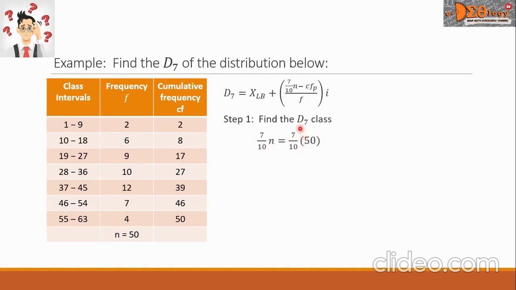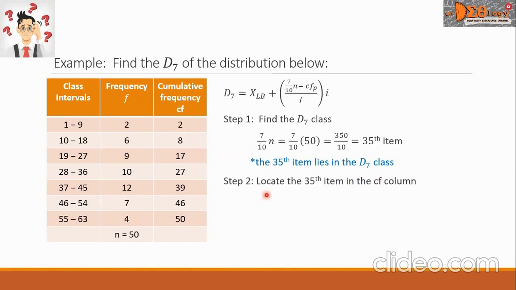The product of 7 and 50 equals 350. And divided by 10, we have 35. We are looking for the 35th item to find the d sub 7 class. We say that the 35th item lies in the d sub 7 class.